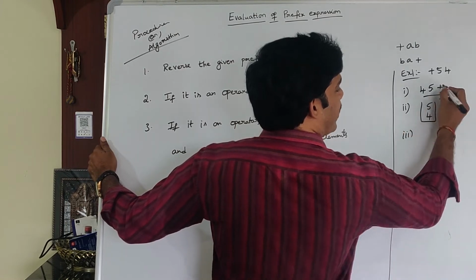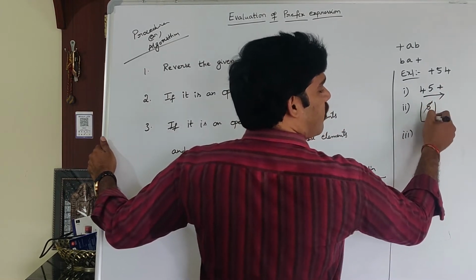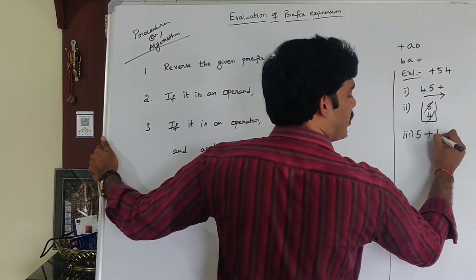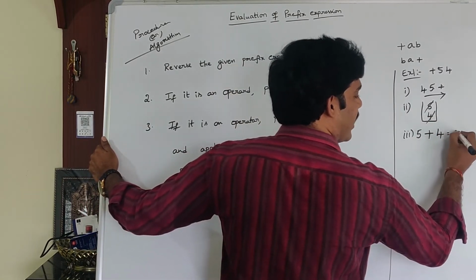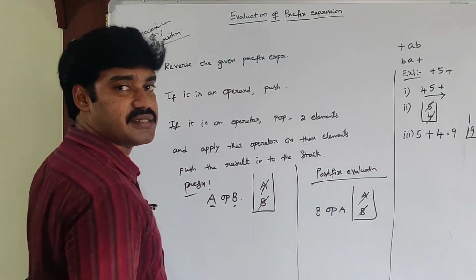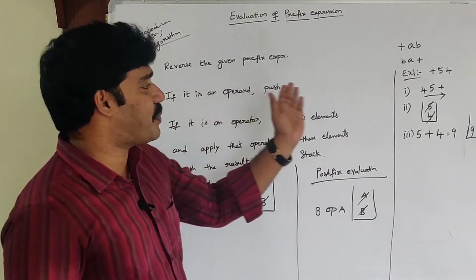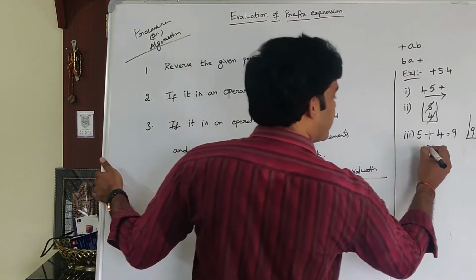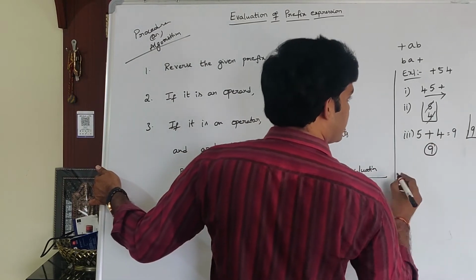When an operator comes, pop the topmost two elements. The first popped element is placed on the left hand side, the second popped element on the right hand side, that is 9. Finally push the result 9 into the stack. When the expression has ended, the value that remains in the stack is the final result. So the result is 9.